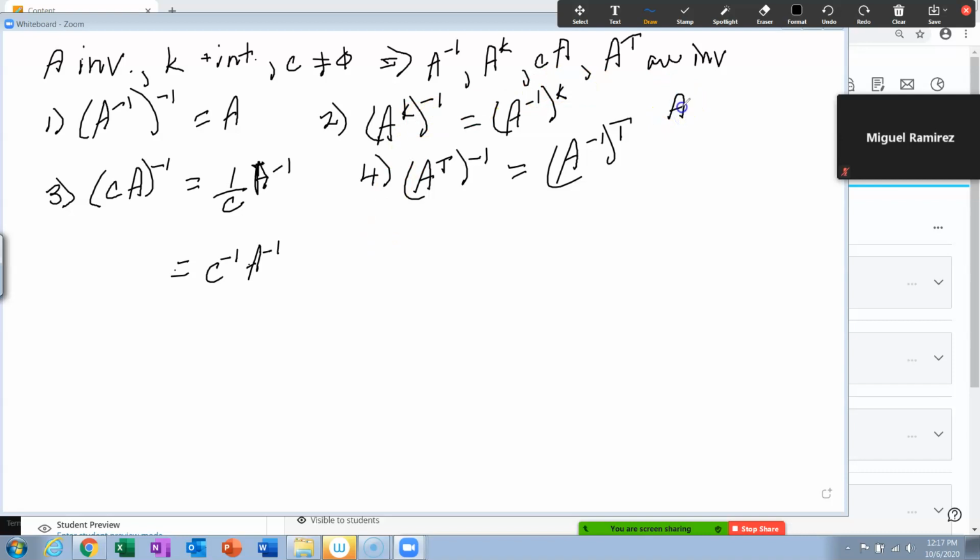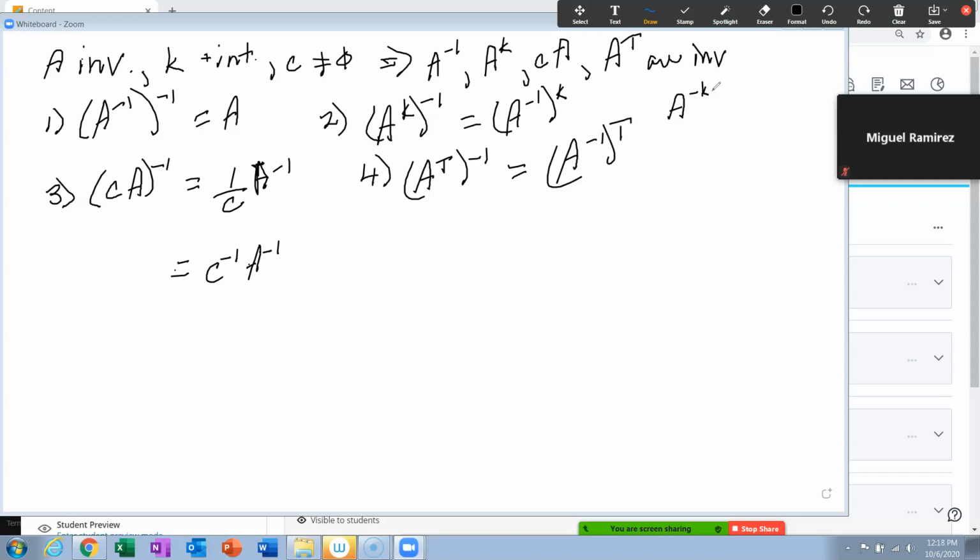It's A to the minus k. Now that is a strange expression, because a number to the minus k means put it over that number to the k. That's not what this means, okay?